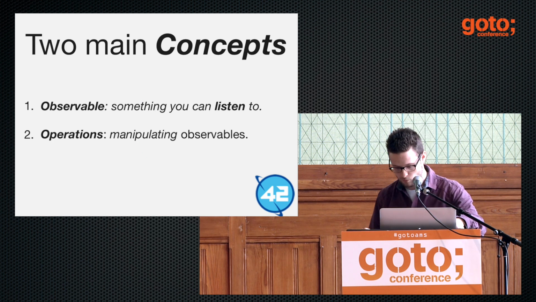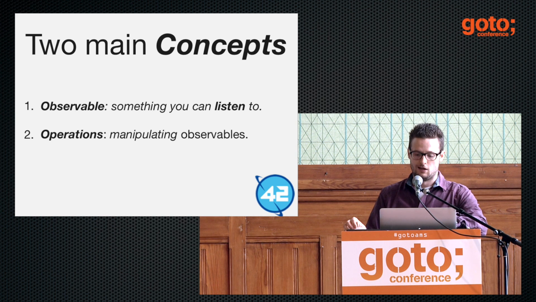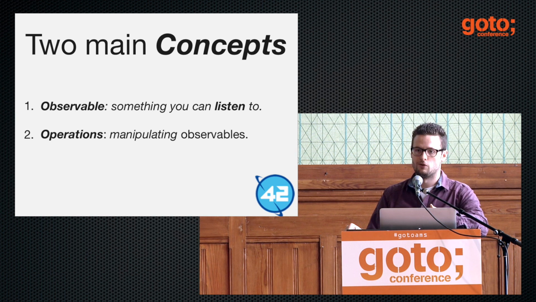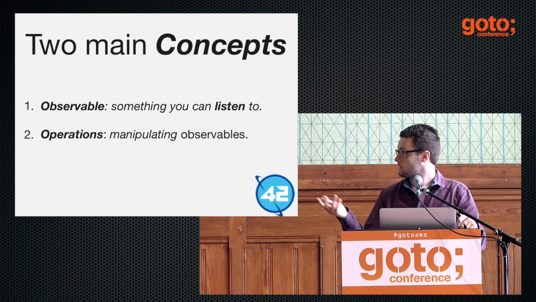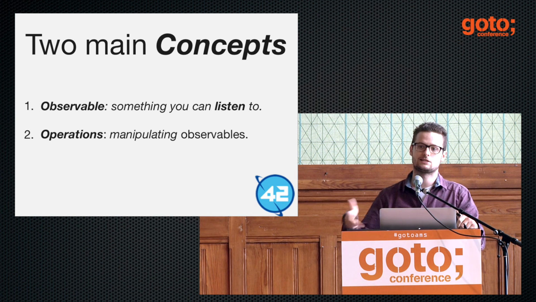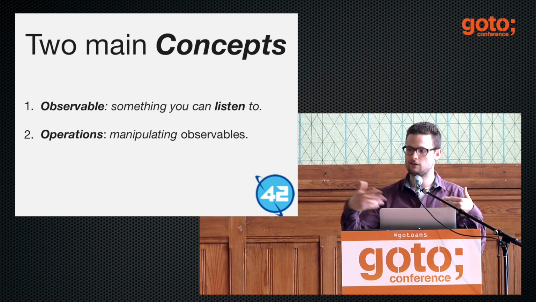So what are the main concepts behind RxJS? The first concept is an observable, and that is something you can listen to. That could be anything: keyboard clicks, mouse events, AJAX requests coming in, WebSockets sending data over the line.